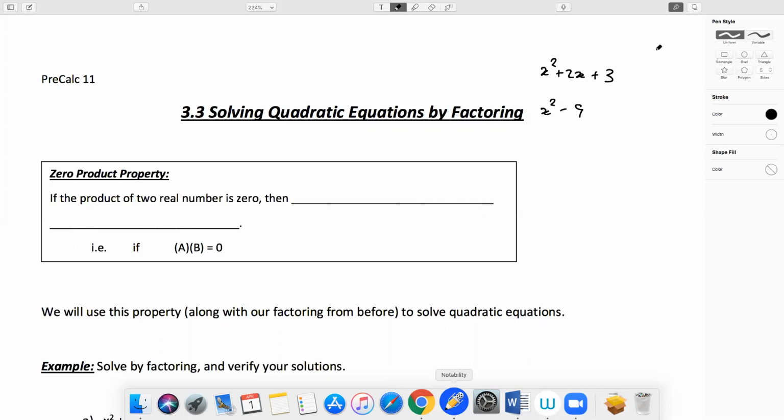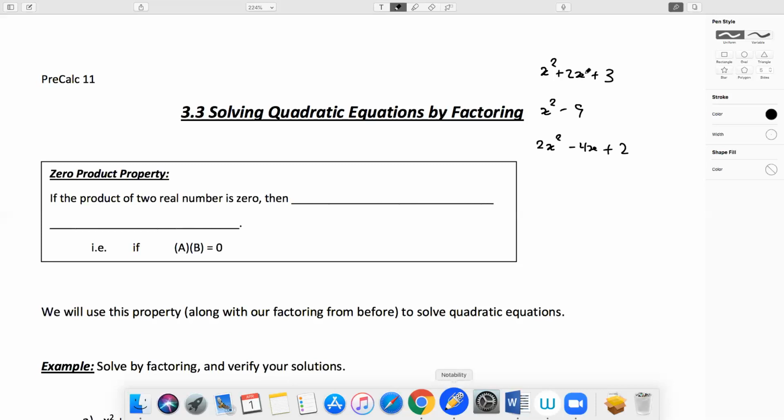And the other case was when we had a leading coefficient that was not 1, something like 2x squared minus 4x plus 2. Basically, we'd spent the last week or so trying to figure out strategies to factor these. So the idea with today is we're going to be using these strategies to actually solve some problems and to solve some equations.